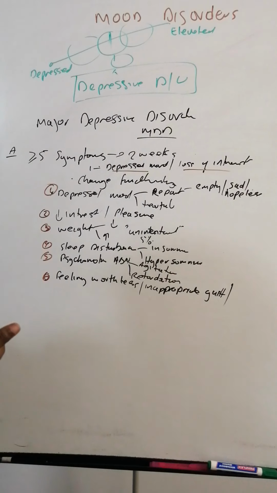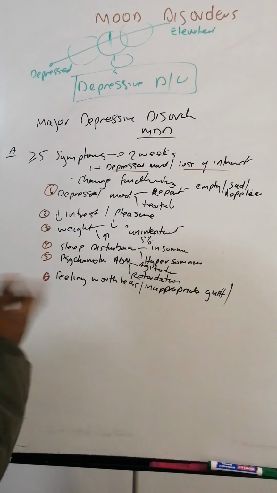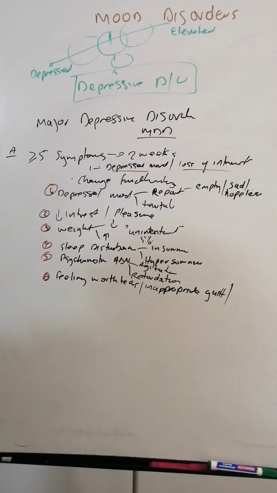Some of them did happen, but he was not in the wrong. So it becomes very difficult. That's why you need collateral to really know what is happening. But that patient has got that: feeling worthless, inappropriate or excessive guilt, things like that.